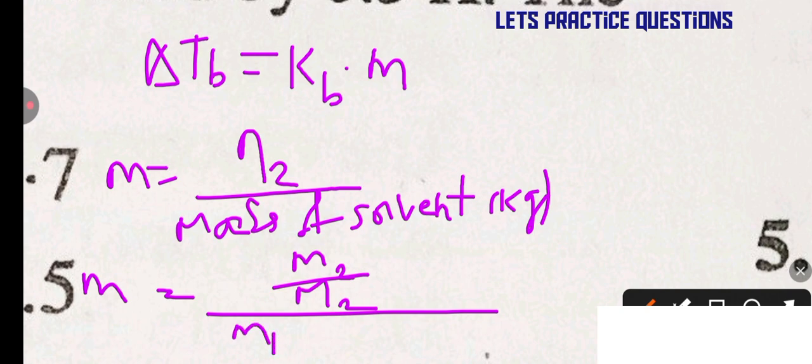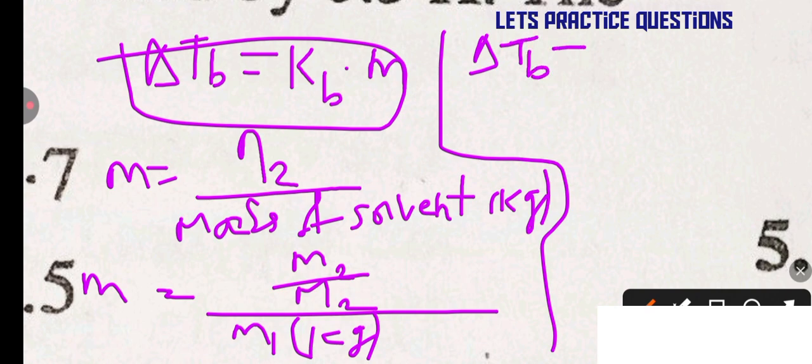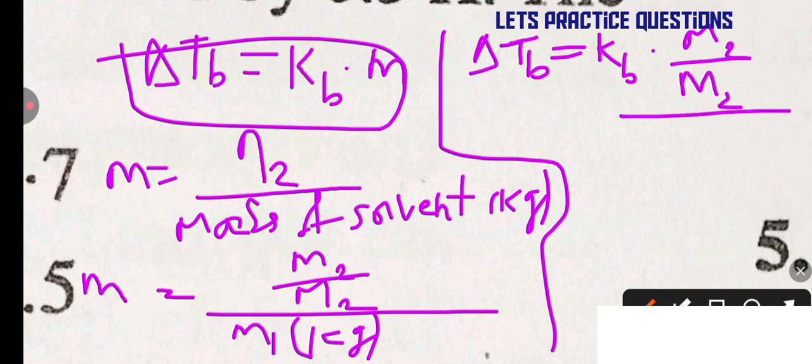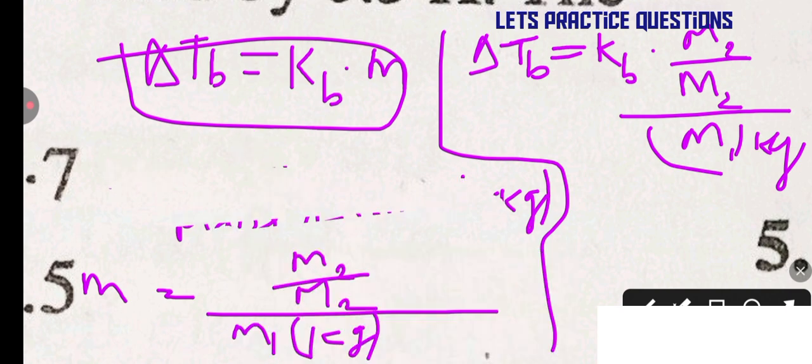So del Tb will be equal to Kb times m. Here, W2 divided by M2, that is mass of solute divided by molar mass of solute, divided by mass of solvent in kg.